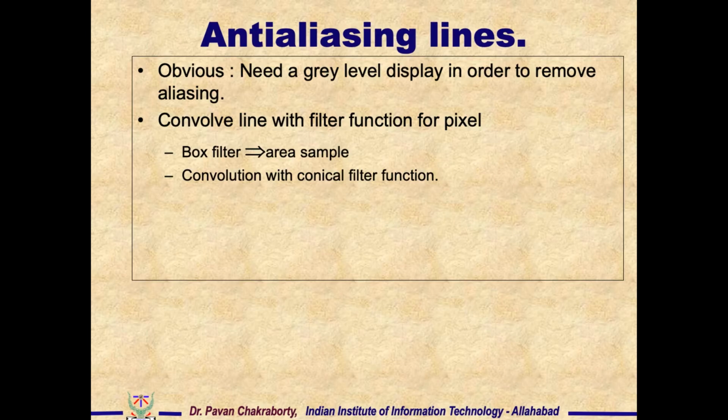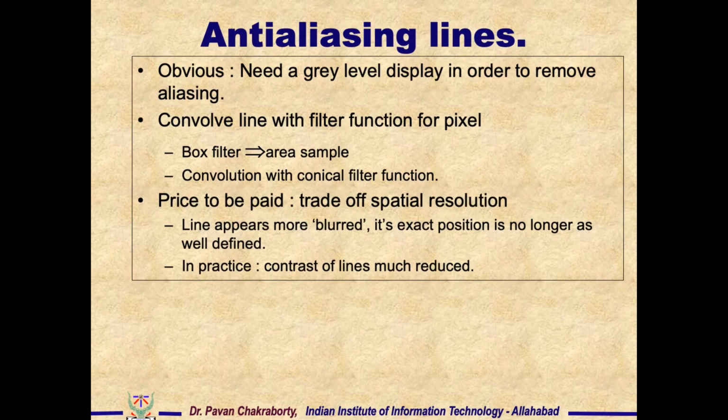Convolve lines with filter functions for the pixels. So we could use a box filter, which is an area sample, or convolution with conical filters. But the price to be paid is the trade-off of the spatial resolution.